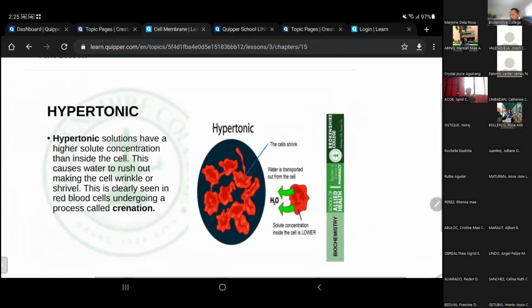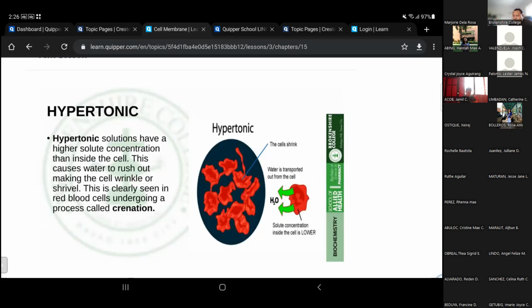Hypertonic. Okay. Talking about hypertonic solution, having a higher solute concentration than inside the cell, as what I have mentioned paulit-ulit. Higher concentration of solute outside than inside of the cell, causing it to have lower concentration of water outside kasi mas marami ang solute.